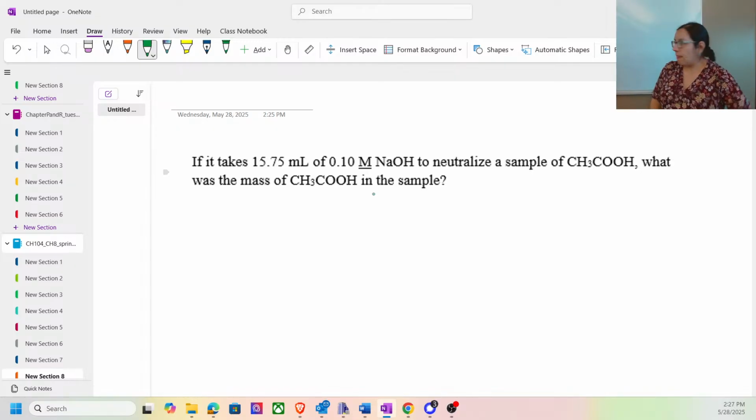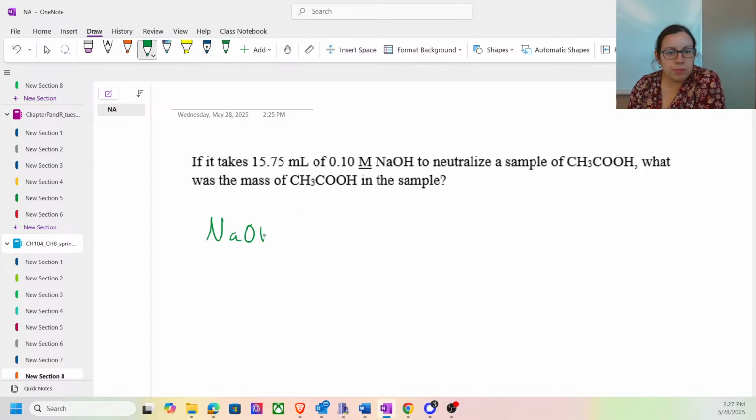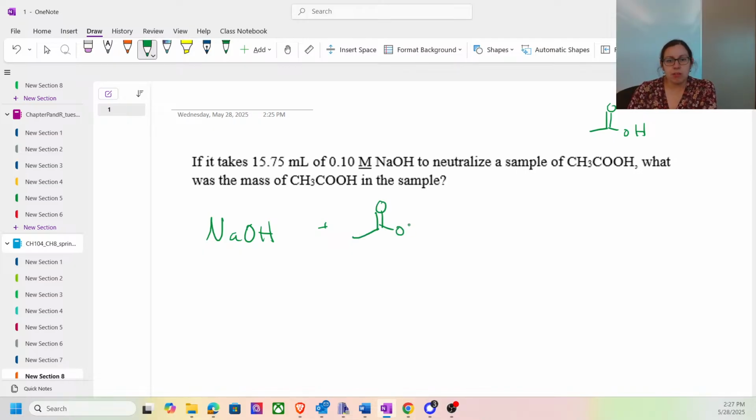I'd probably write out an equation just so it's clear what's going on. We have NaOH plus our acetic acid, which I'm going to rewrite as its structure, so it's not just a weird compound. We react these two together to do neutralization.